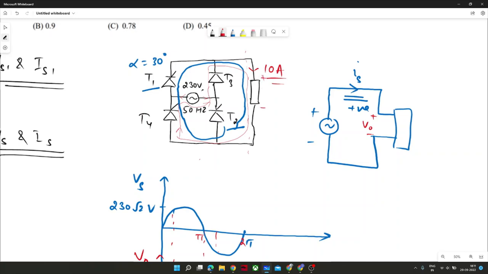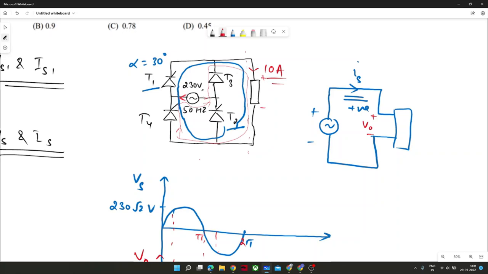And this would be the same irrespective of the supply current getting reversed or not. For the blue one, I have drawn the blue connection for T1 and T2, right? And for conduction of T1 and T2, this current direction was like this. It is the same as I naught.